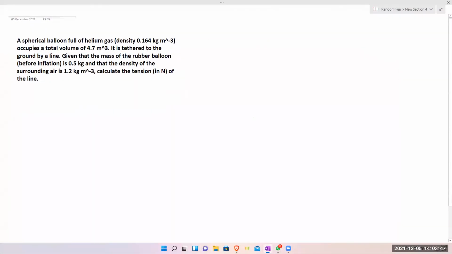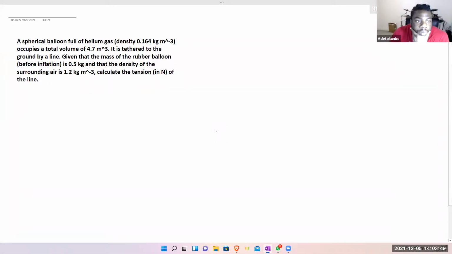Right. All right, so a spherical balloon full of helium gas. The density is 0.164, and it occupies a total volume of 4.7. It is tethered to the ground by a line.